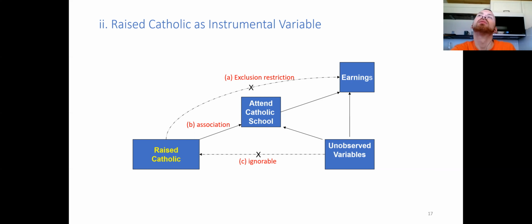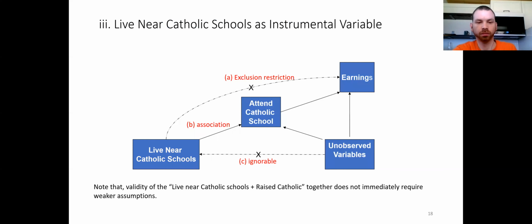It cannot be associated with unmeasured confounders, and it has to be associated with Catholic schooling. And the third comparison is using the geographic accessibility of Catholic school as an instrument. So again, it relies on a defined set of assumptions: another exclusion restriction, association with Catholic schooling, and ignorability with respect to unmeasured confounders.